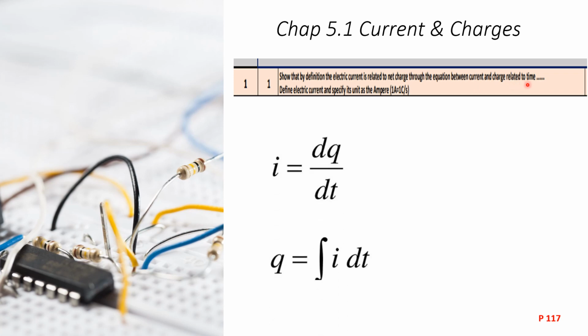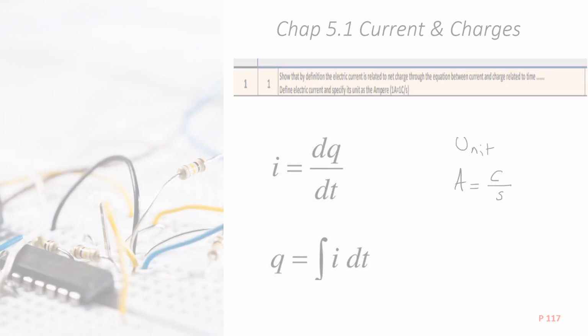Of course you need to remember this equation, where I, the current, is equal to dq over dt. It's the derivative of the charge over time. The unit of the current is ampere, A, the unit of the charge Q is C, and of course the time is in seconds. You can verify this on page 117.